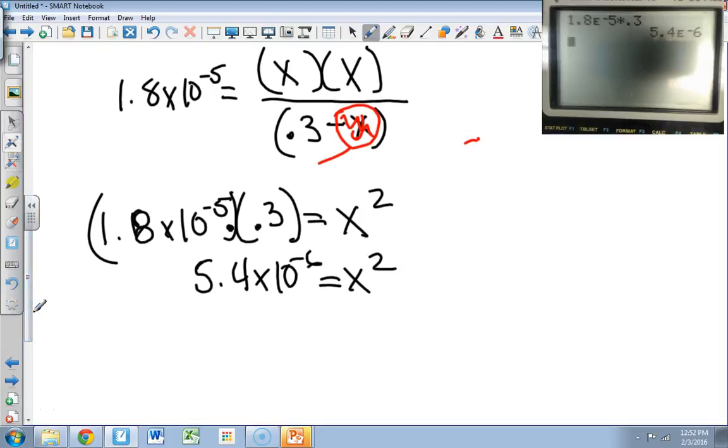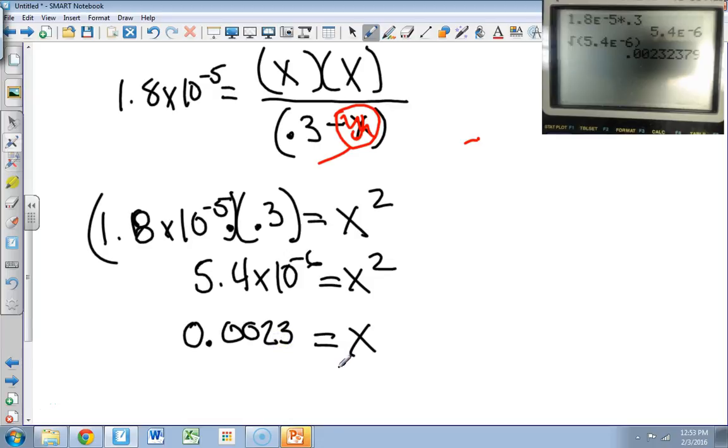Now to solve for x, we take the square root. So I do second square root of 5.4 times 10 to the minus 6.